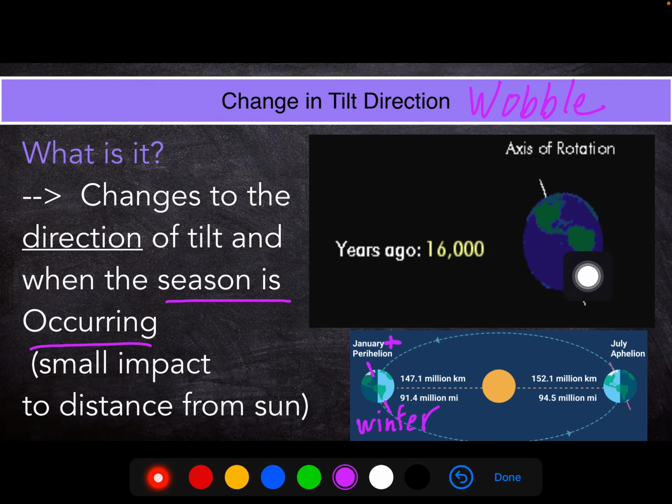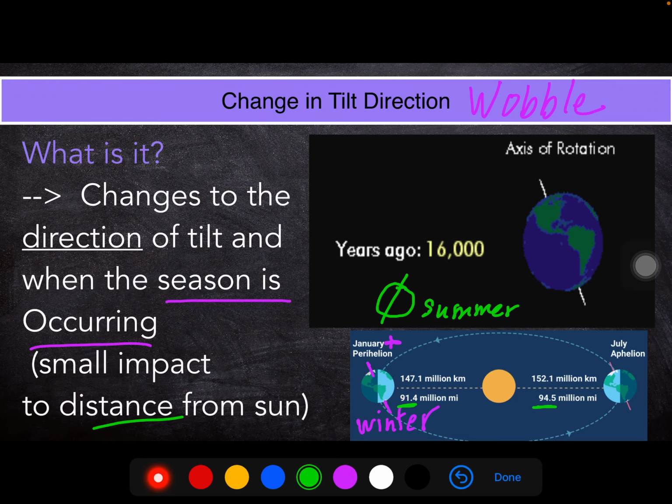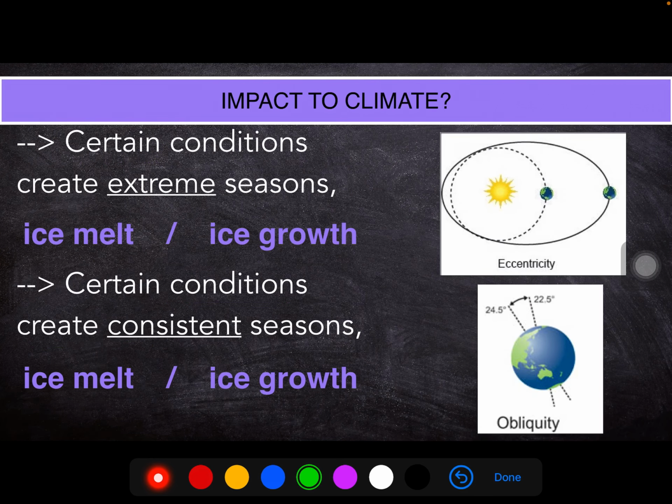But as the Earth flip-flops itself and this cycle works its way through, at one point in time, January is when the Earth tips towards the sun, and that would then be our summer months. Okay? Now, there is a slight variation in distance from the sun, and so that small impact can also have an impact on the extreme or the variety of temperatures we see in the season.